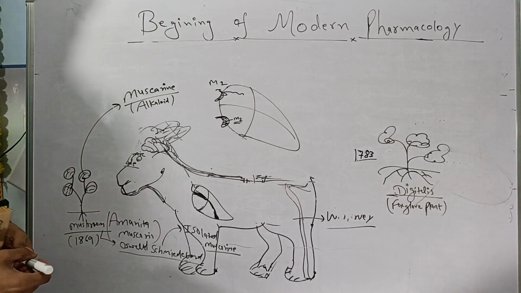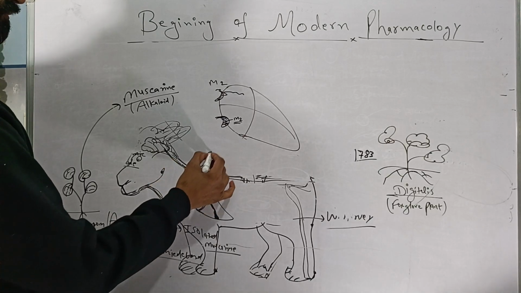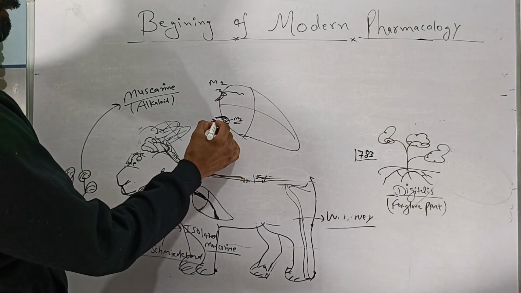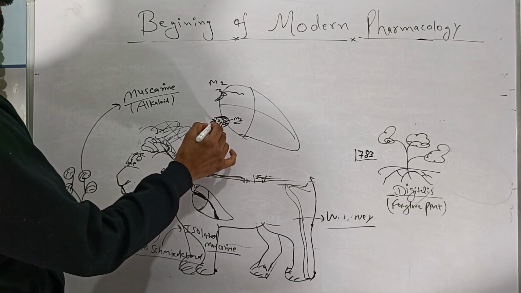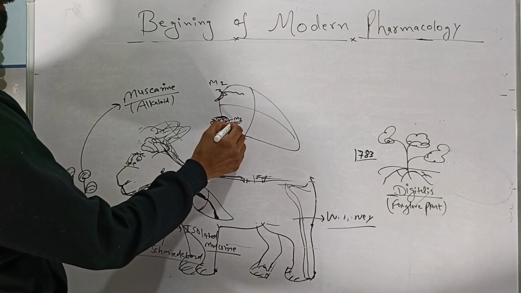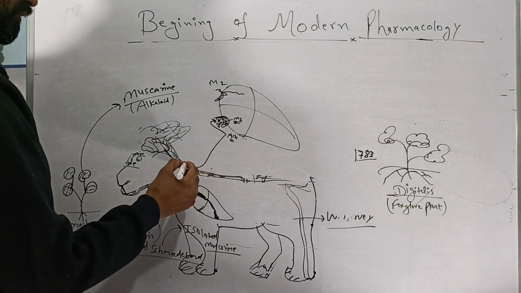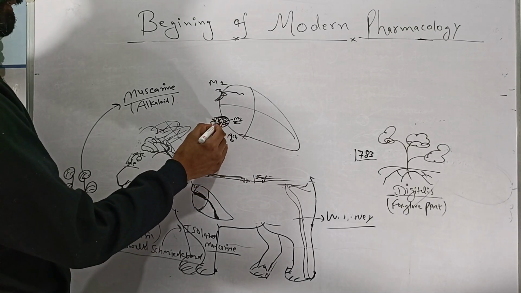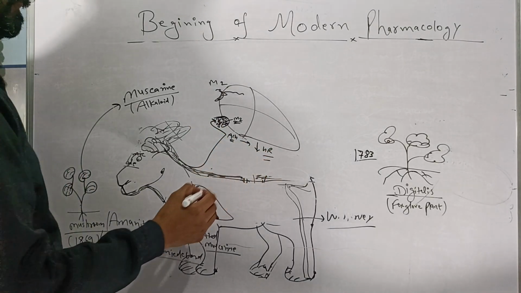He demonstrated, suppose this is the vagus nerve, which releases acetylcholine at its terminal on the receptor M2. On the heart, M2 receptors are present. So the vagus nerve releases acetylcholine and it decreases the heart rate.